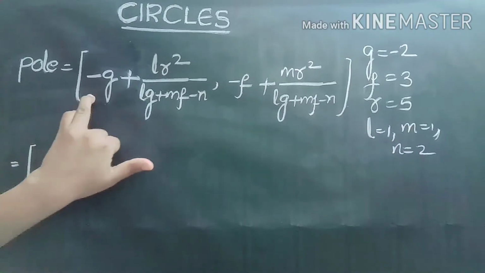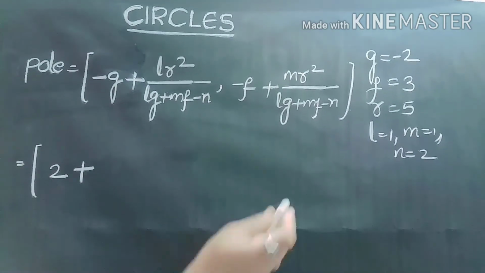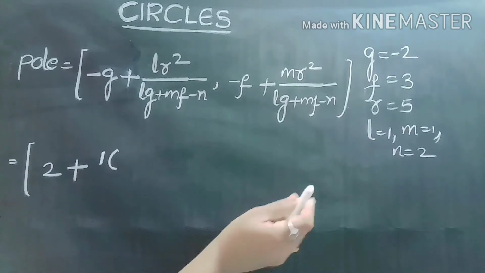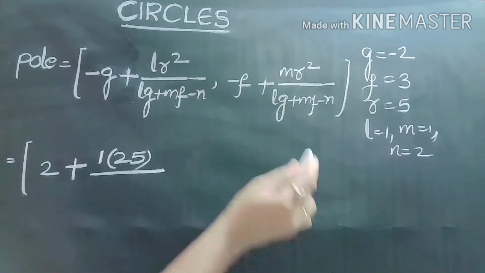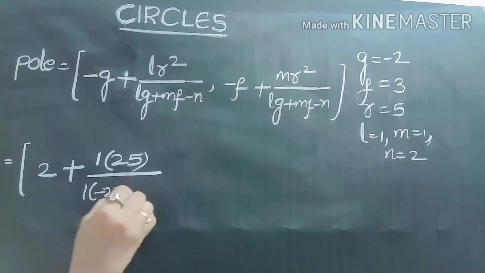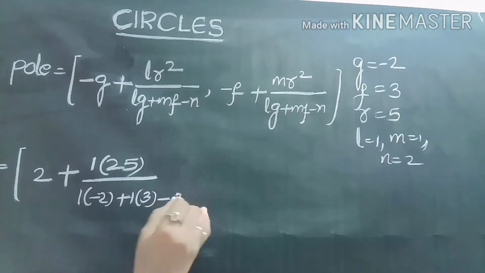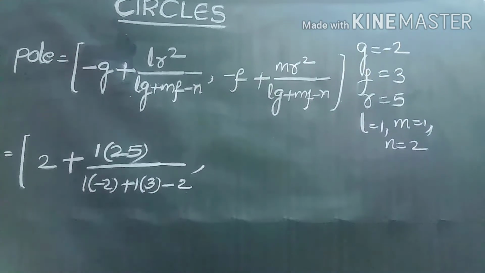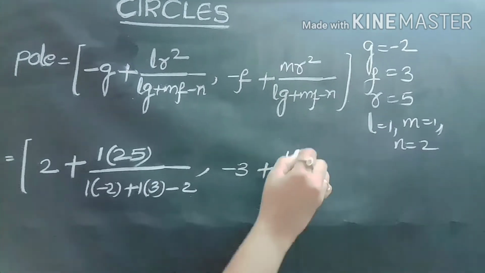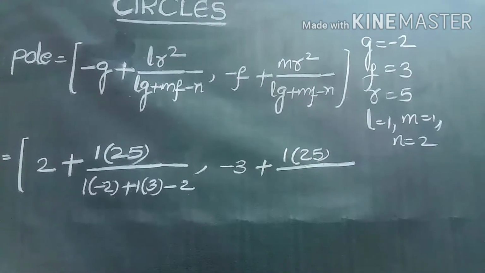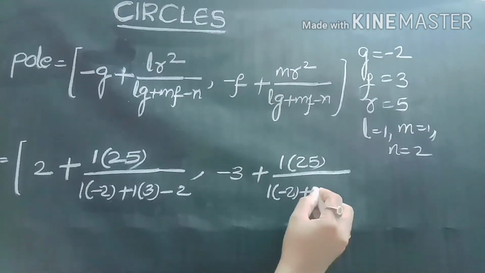Substituting the values, first minus g is equal to minus 2, so minus g means plus 2, plus L r square, L is equals to 1 into r square, r is equal to 5, so r square is equal to 25, by L into g, 1 into minus 2, plus m into f, 1 into 3, minus n, minus 2, comma, minus f is equal to minus 3, plus m r square, m is equals to 1 and r square is equals to 25, by, again, lg, 1 into minus 2, plus mf, 1 into 3, minus n, that is minus 2.